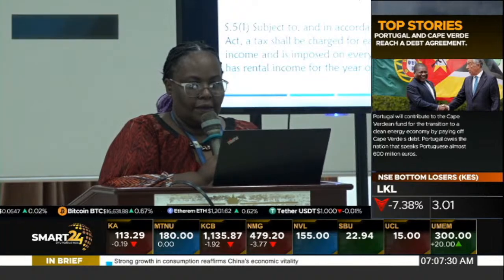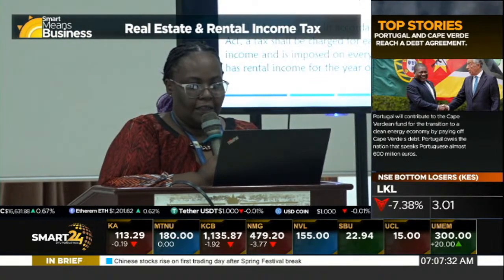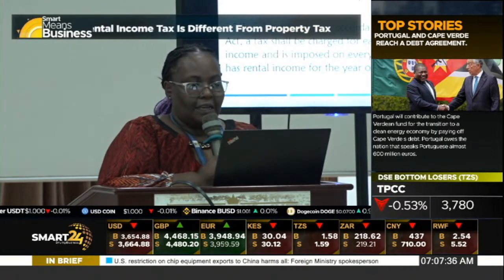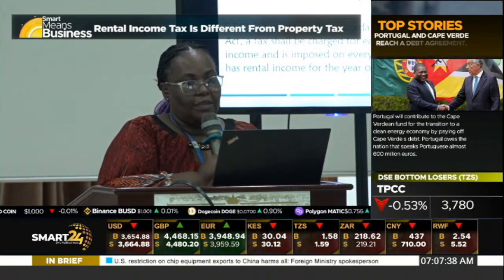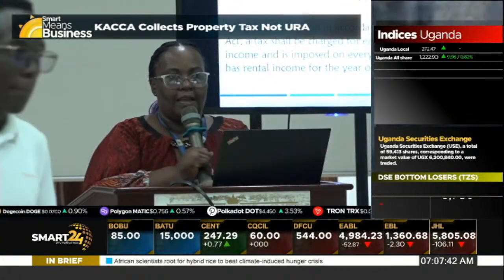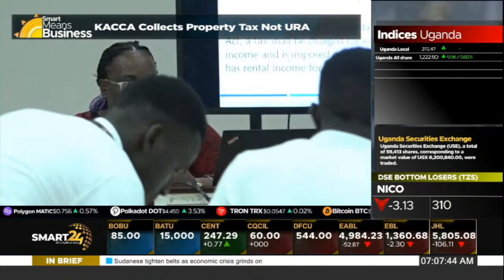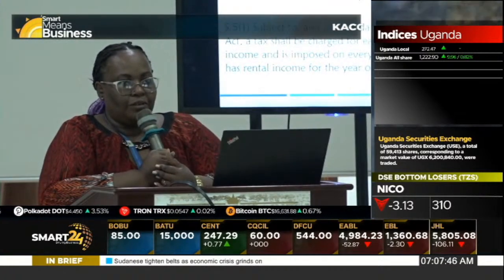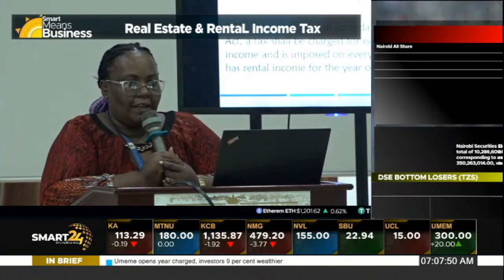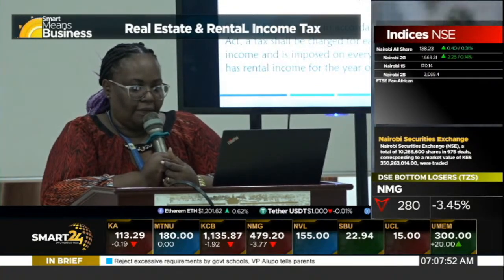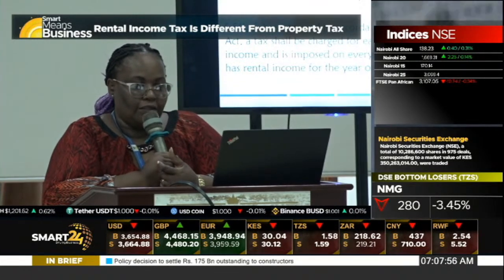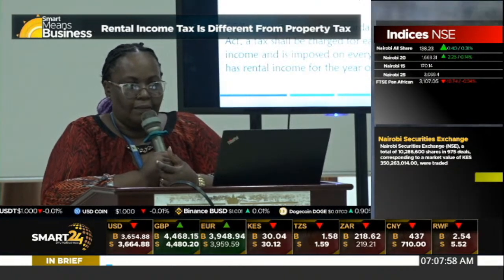It is very clear there that, subject to and in accordance with this act, a tax shall be charged for each year of income. That is why I demand a return each year: provisionally when the year is moving, and at the end of the year, that's the final return. And this is imposed on every person who has rental income for the year of income.